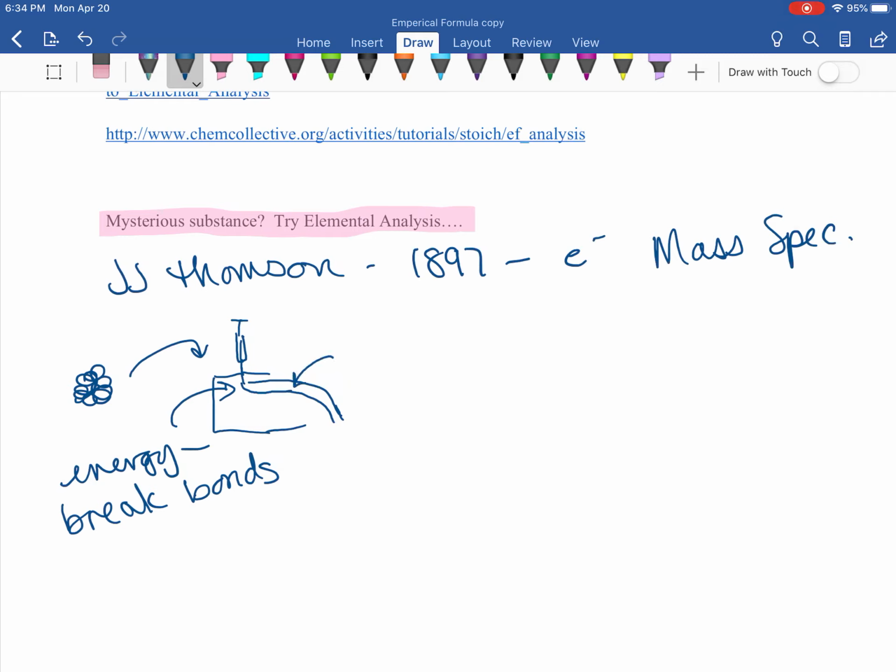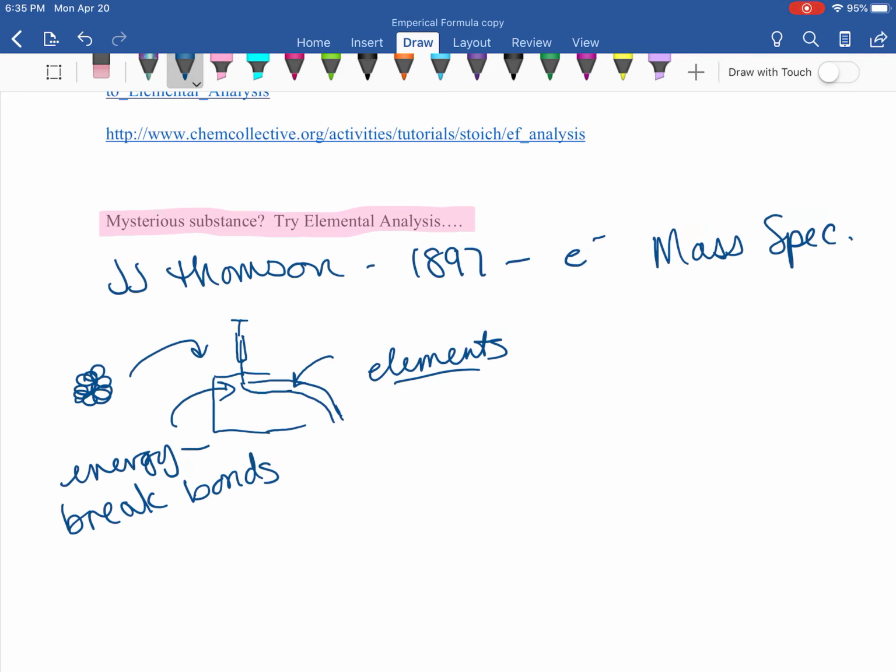And if we think about our mass spec tube that we saw in class, or we think about anything that we could get to travel. Remember our glass tubes and our cathode ray tube, our first goal was typically to get those ions or those atoms or those particles or anything we could get our hands on, get those to travel. Well, if you think about it and you break all of your bonds, what are you left with?